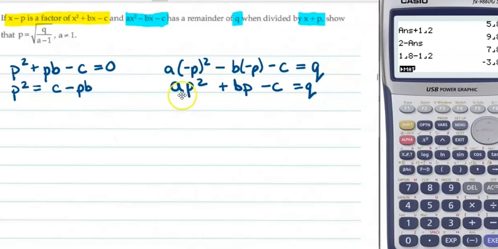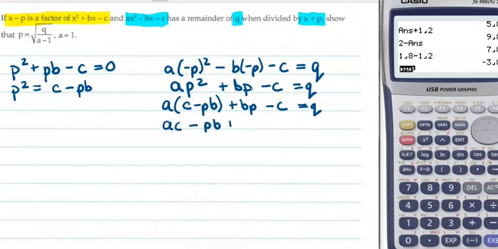What I'm trying to get to is p equals something. So that'll help me put all of my things in terms where the p's are just p's and no p squareds. So if I replace p squared with c minus pb, then we can achieve that over here. So we have ac minus pb plus, I'm actually going to rewrite that bp so that it's the same as this one.